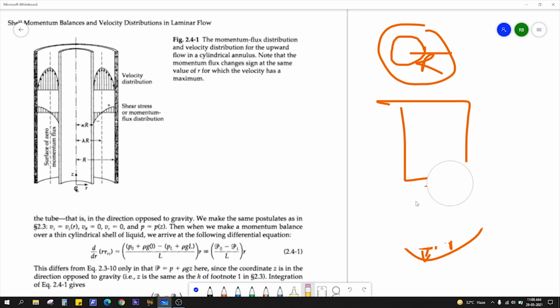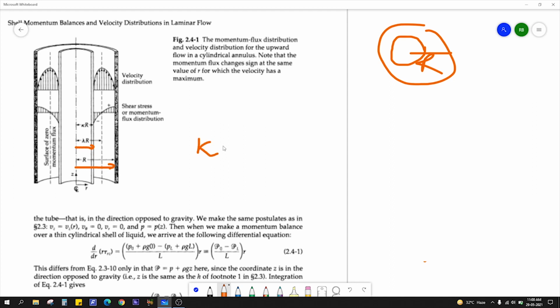So instead of writing R1 and R2, what I will define is the outer radius is R, and the radius of the inner pipe is kappa R. Kappa R means some fraction of that. Kappa will be a number between 0 and 1, a fraction.